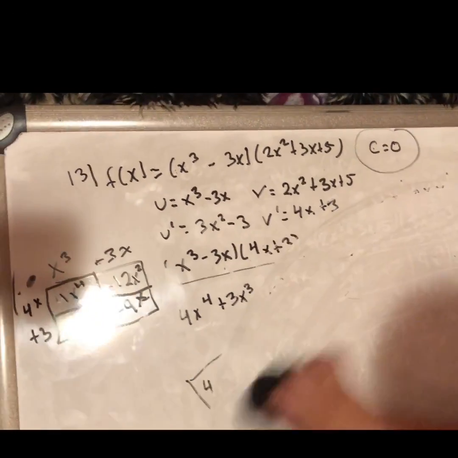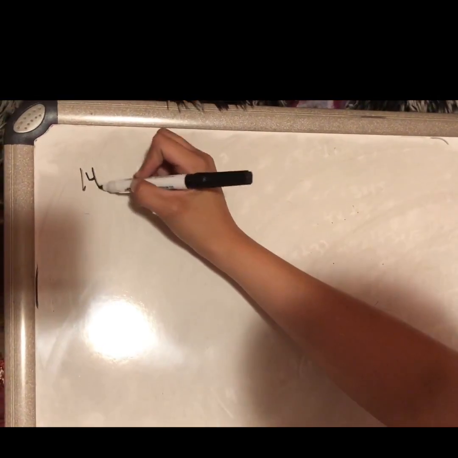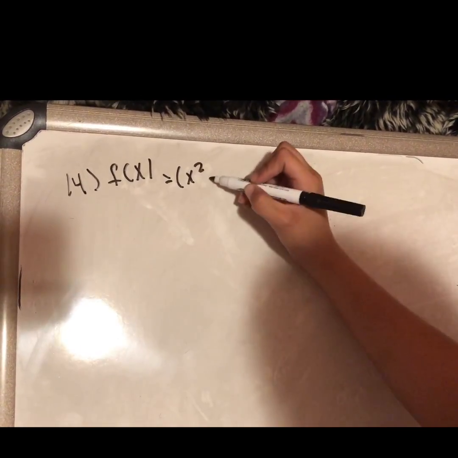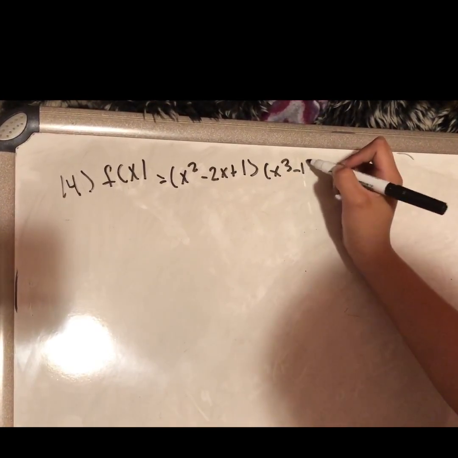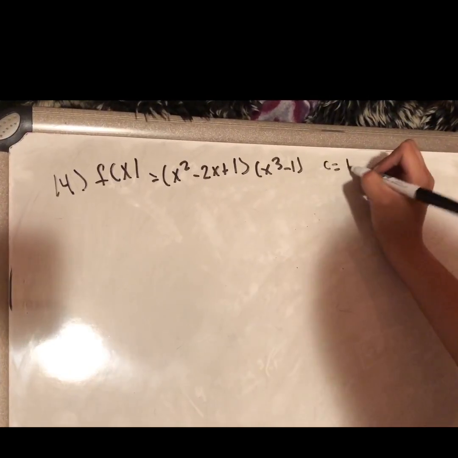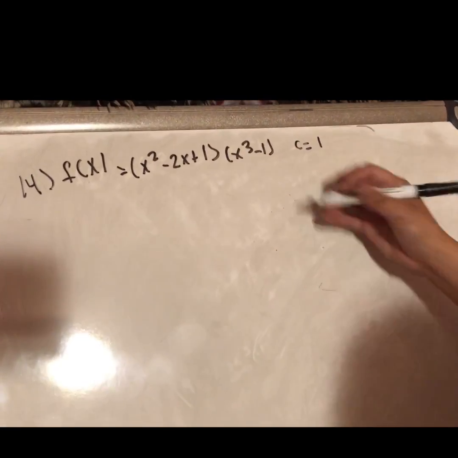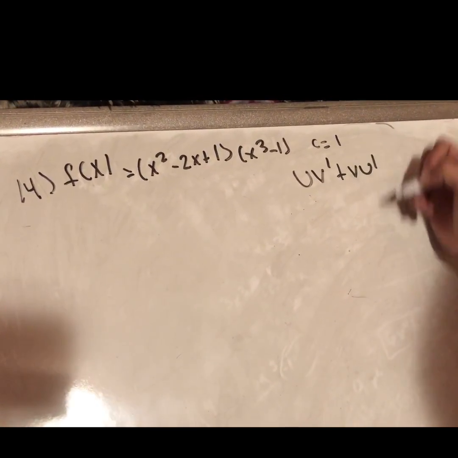Okay, so now we're going to do number 14. It's a similar problem to this one. So it's going to be f of x equals x squared minus 2x plus 1 times x cubed minus 1, c equals 1. As you can see, we're multiplying again, so we're going to use uv prime plus vu prime.